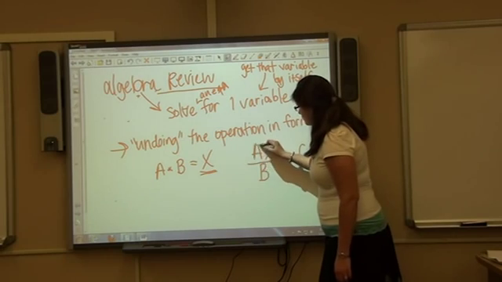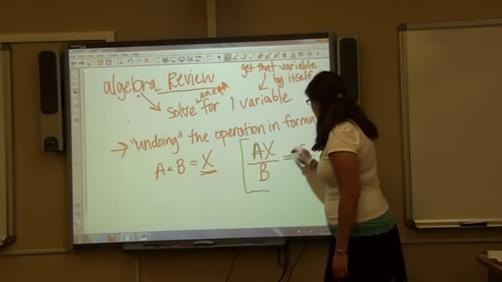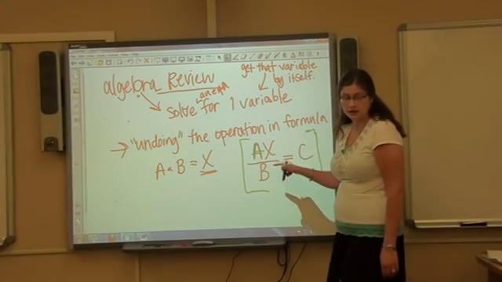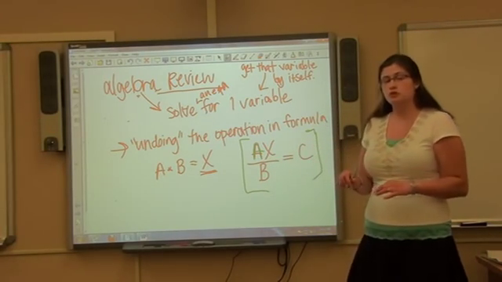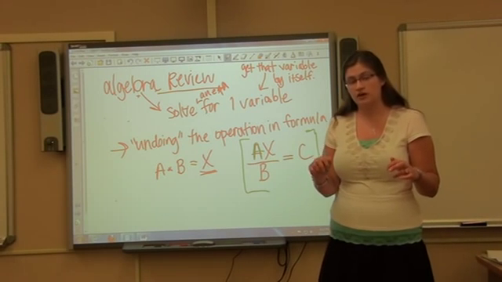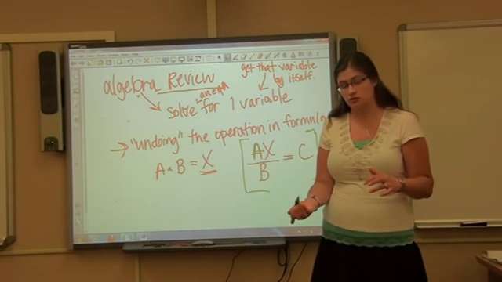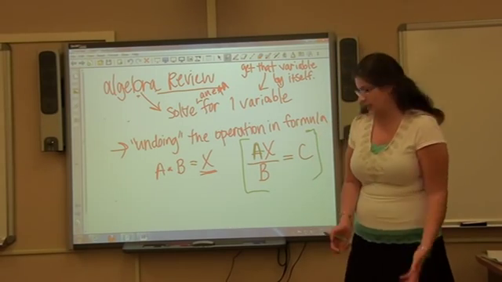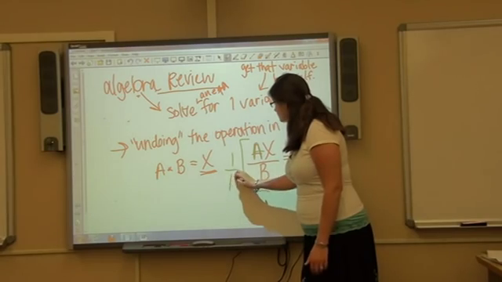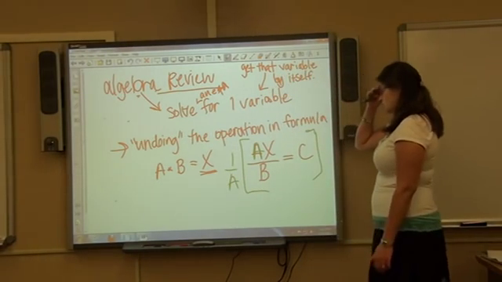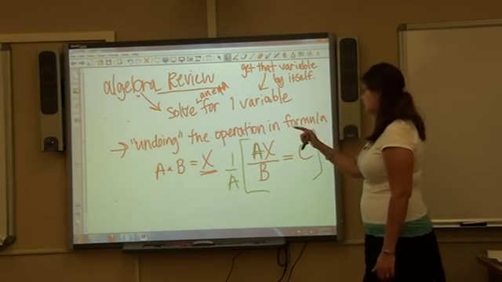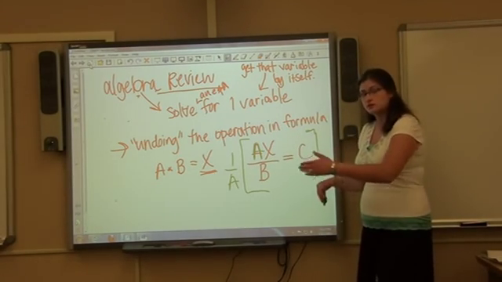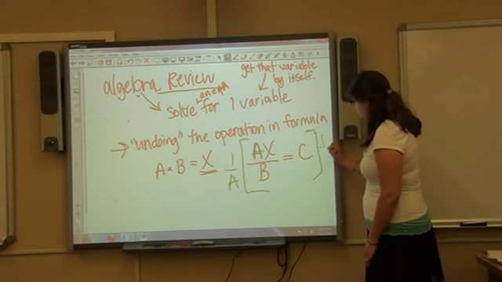Okay, firstly, I'm going to get rid of this A. In my base formula, I'm multiplying A times X. In algebra, we're going to be undoing whatever our formula is telling us to do. So instead of multiplying by A, I have to divide by A. Now, the cardinal rule of algebra is that whatever you undo on one side, you have to also do to the other side of your equation.